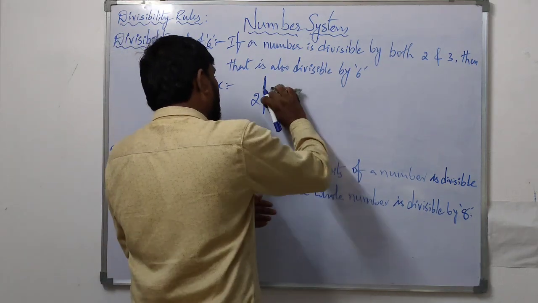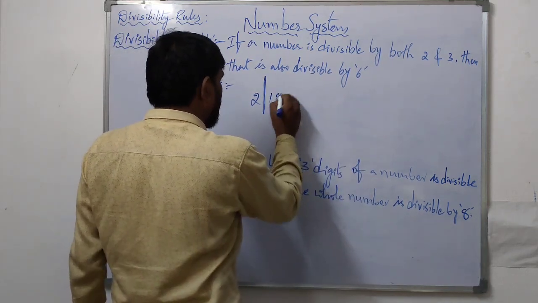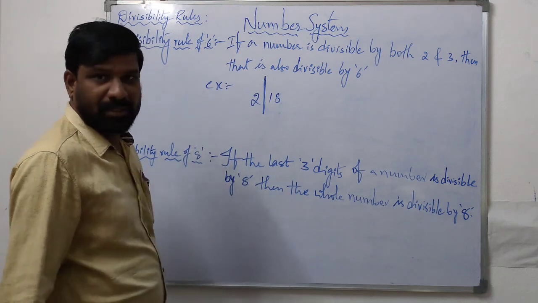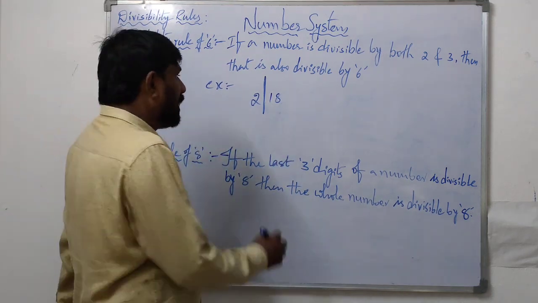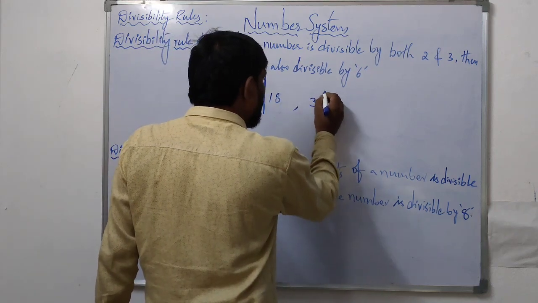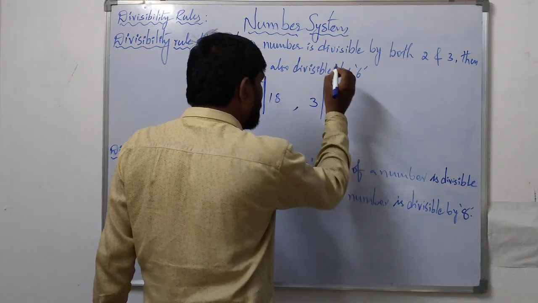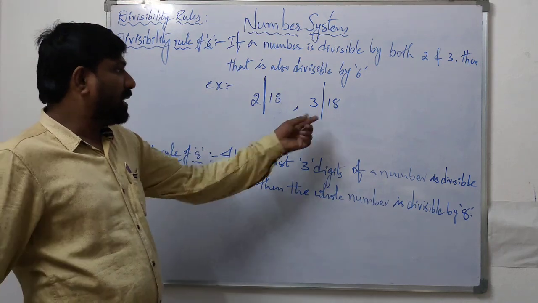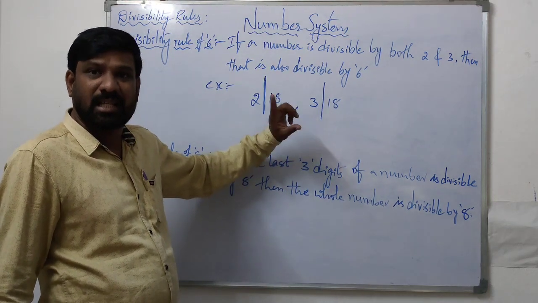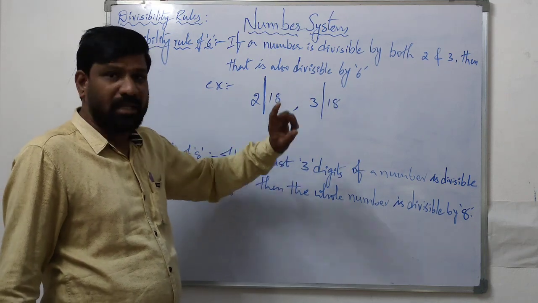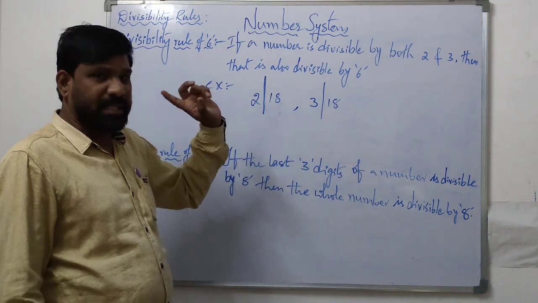Now I'll take another number, 18. 2 divides 18. Means 18 is divisible by 2. Clear? Now similarly, will the same number divide with 3? See here, is 18 divisible by 3? Yes. 3 sixes are 18, right? 3 divides 18, 2 divides 18.